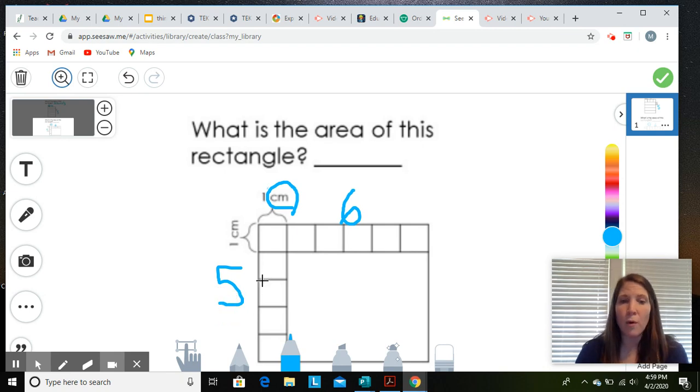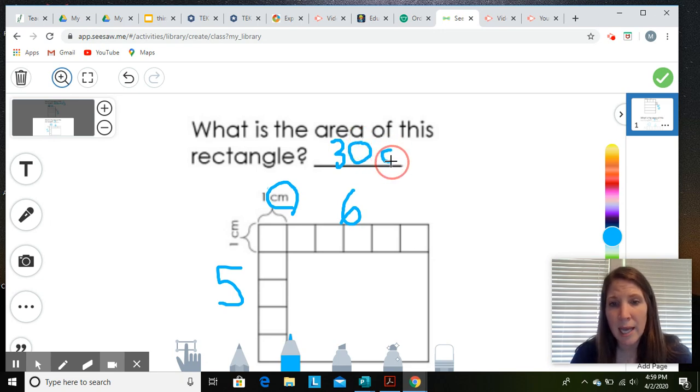So what are we going to do with these two numbers? We take the length times the width, and we do what? We multiply them. So 6 times 5 is 30.